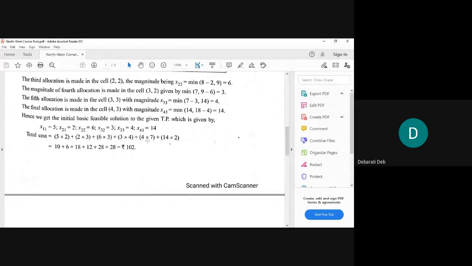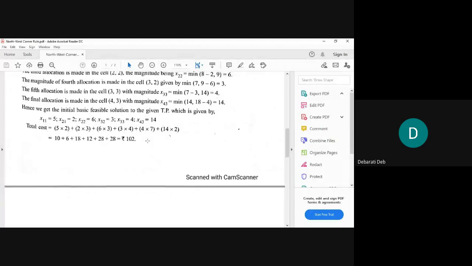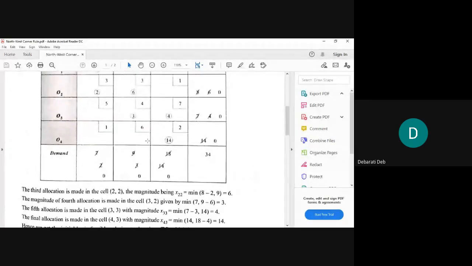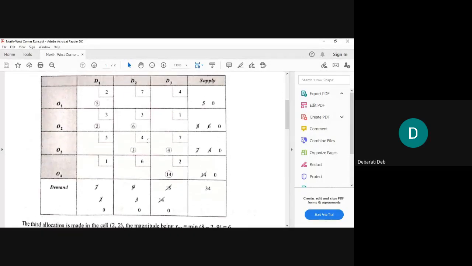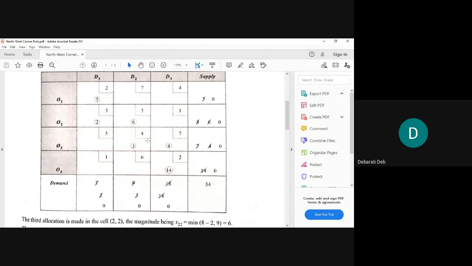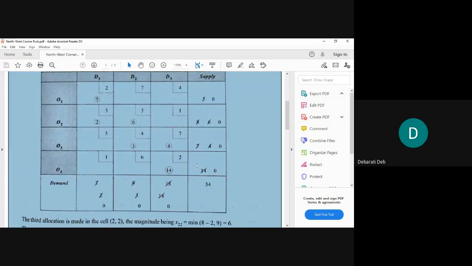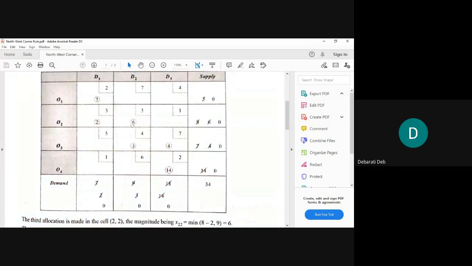By the way, did you calculate the total cost after allocation? The class time was over when I told you that you need to multiply and add. Have you added the total cost? What you need to do is, after doing all the processes of assigning the quantities, there will be numbers in the small boxes within every box.